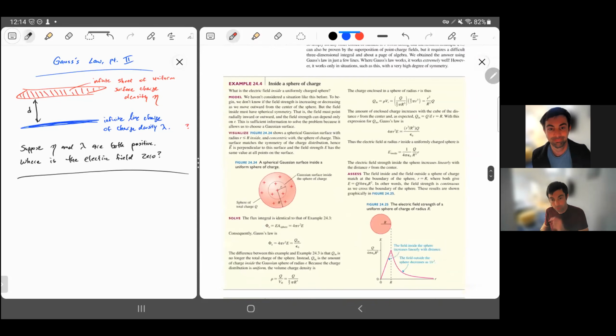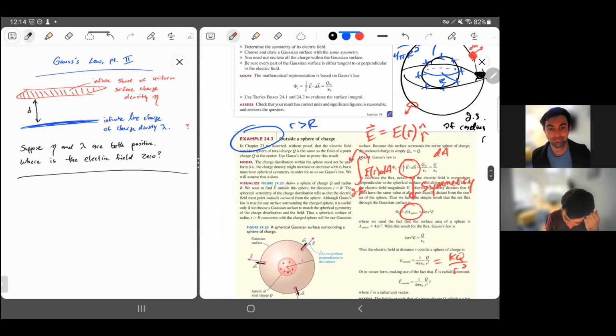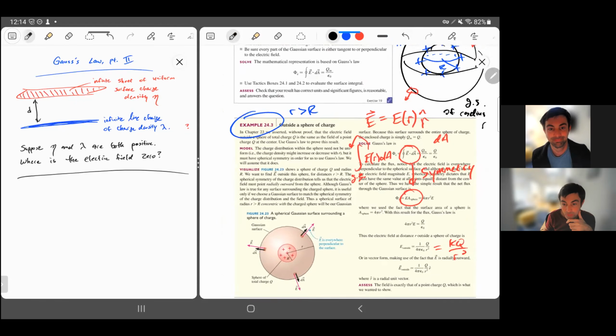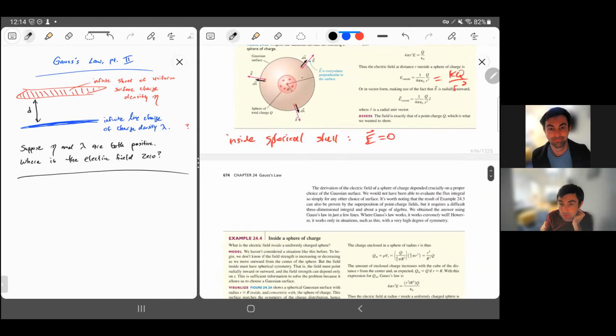Okay, so this next example actually has charge spread out over a whole interior. And so the left-hand side here is exactly the same. The left-hand side is E times the area of our Gaussian surface.